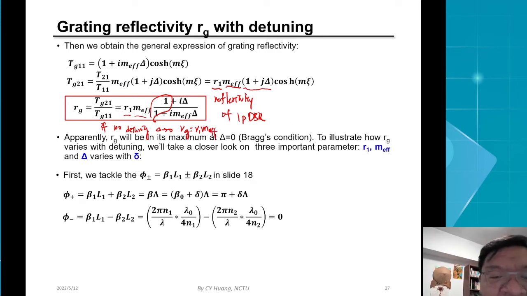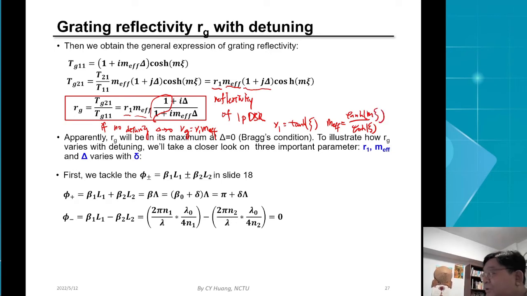And we know that in this case, R1 will be hypertangent and MEFF is the hypertangent divided by hypertangent, so it will reduce to the expression in the first section.